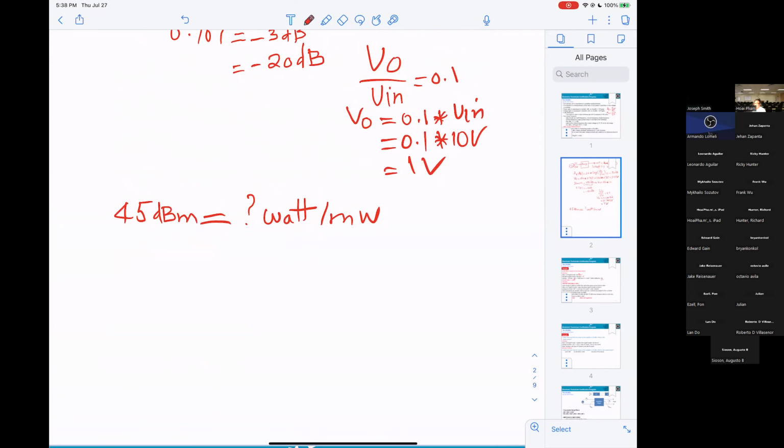The first thing you have to know is the formula. dBm equals 10 log of whatever power over 1 milliwatt, and they gave you 45 dBm.